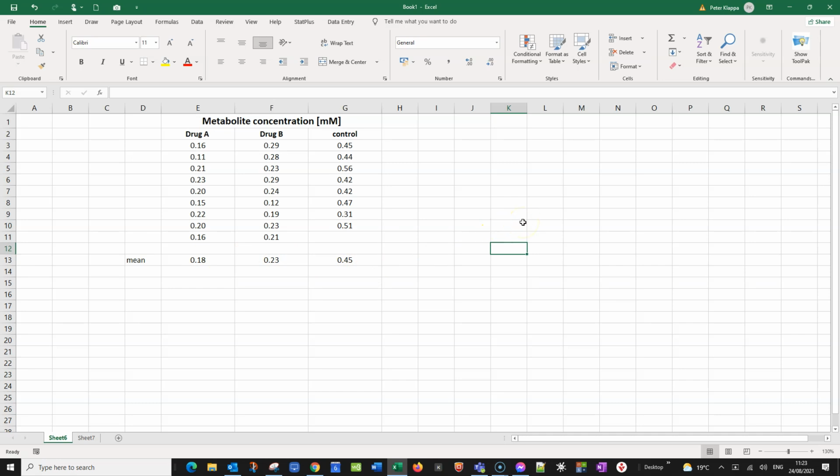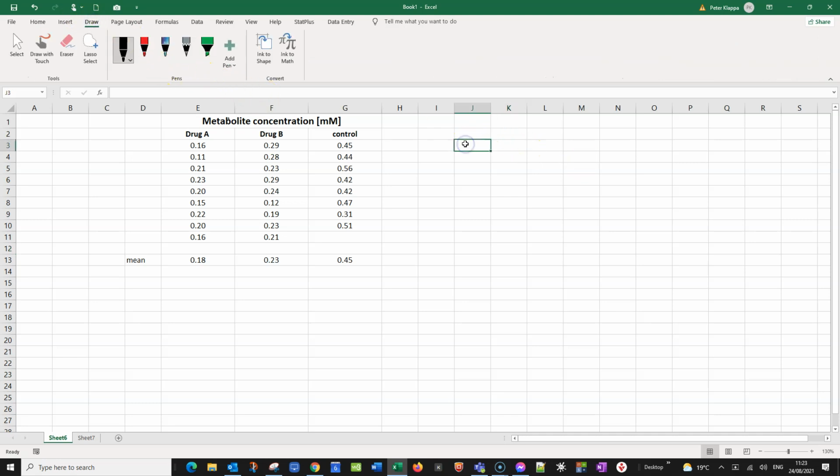So let's formulate a null hypothesis. The null hypothesis for an ANOVA is that the population mean from which sample 1 is taken, so that's our sample 1 here, and this sample that we have here represents a population, and the population mean of that sample is the same as the population mean 2, is the same as the population mean 3.